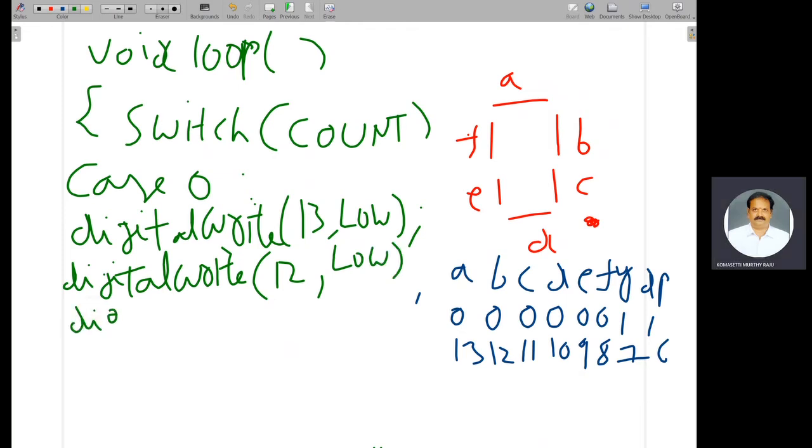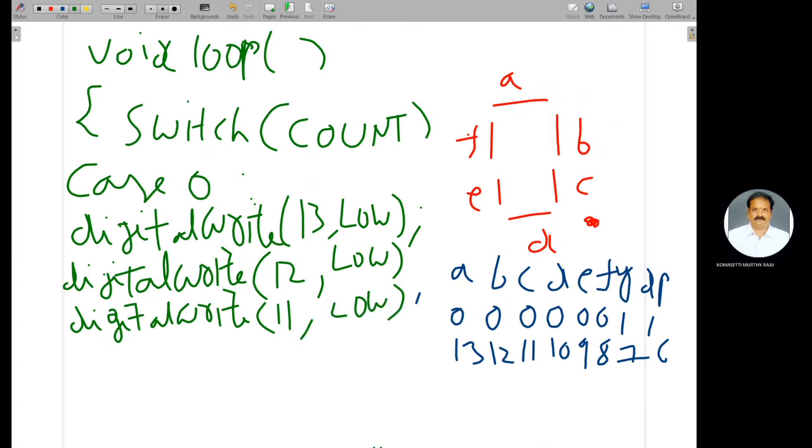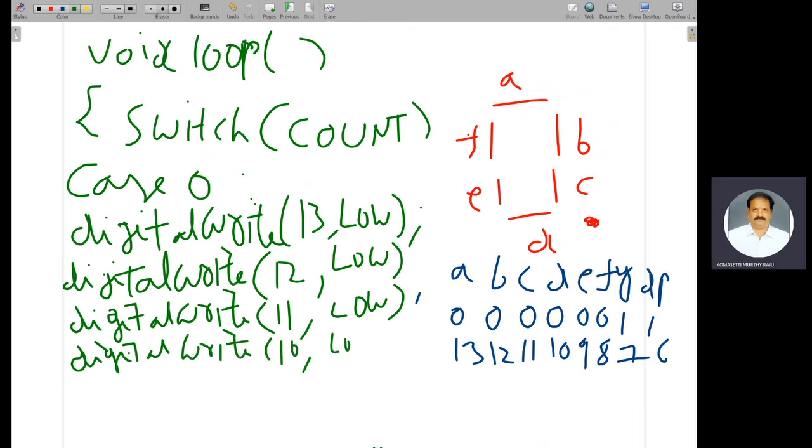Digital write 11 low. Digital write, 10 is also low.